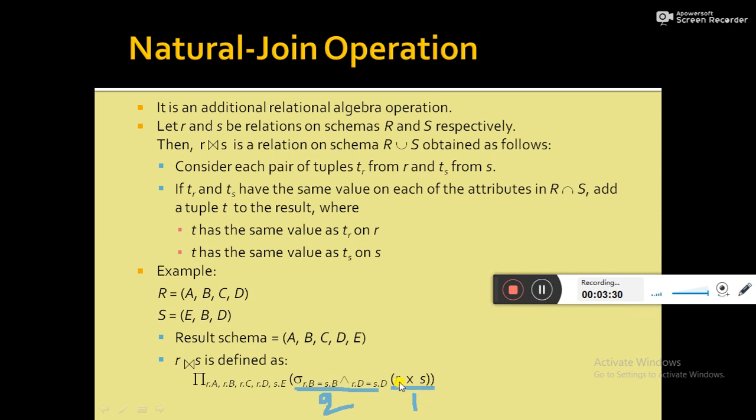First it will perform Cartesian product between R and S, as I have already discussed in my previous lecture. R cross S means every tuple of R is going to be associated with every tuple of S. So after this operation, a relation will be generated with tuples populated.